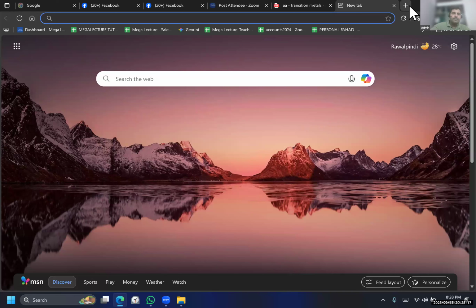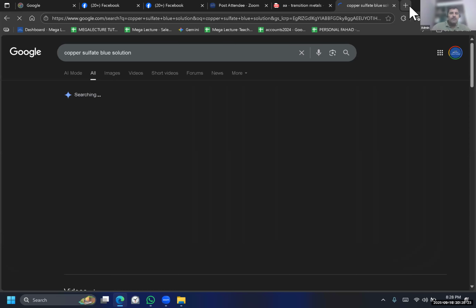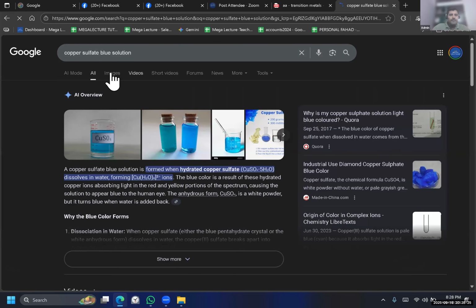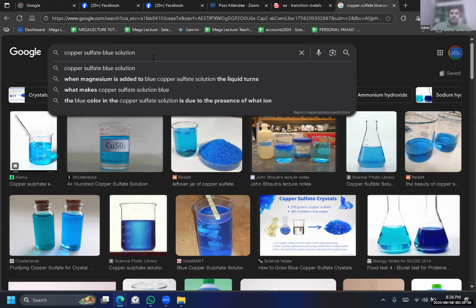Let me just show you the actual thing. Copper sulfate, blue solution, right? The thing that you see on your screen, that's copper with water, copper surrounded by water molecules. Now, what happens when you add NaOH to it?